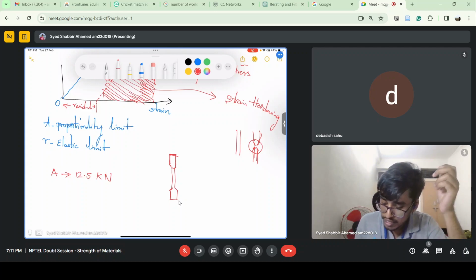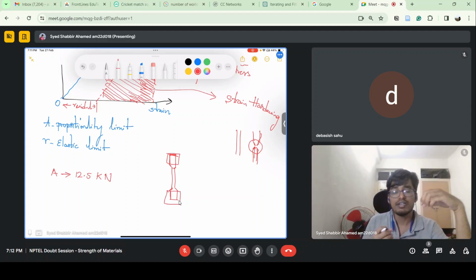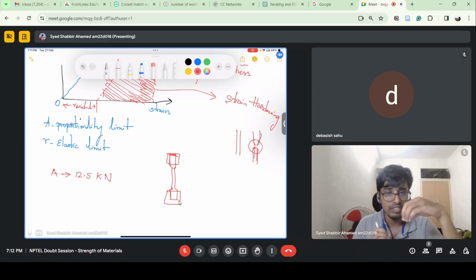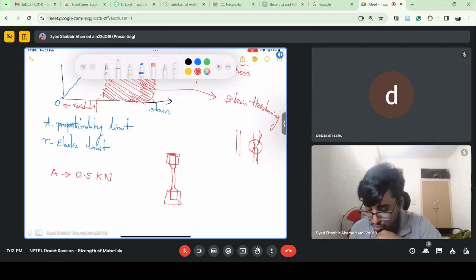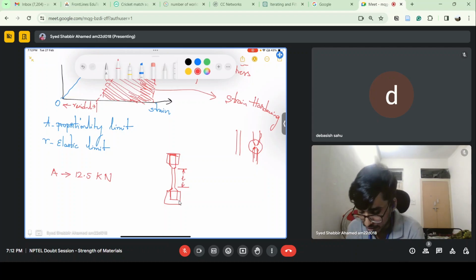Here you will use both ends to hold it in the universal testing machine, and this length is called the gauge length.